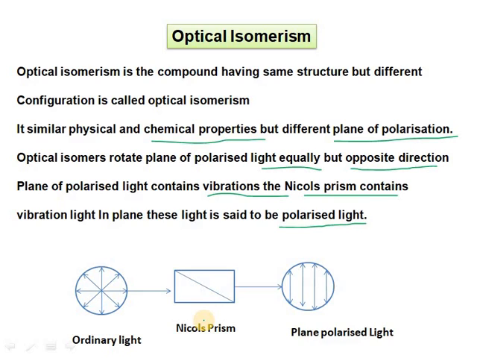The prism that produces polarized light is called a polarizer, and the light in one plane is called plane polarized light. The Nicol prism is mainly used to convert ordinary light into plane polarized light having one direction.